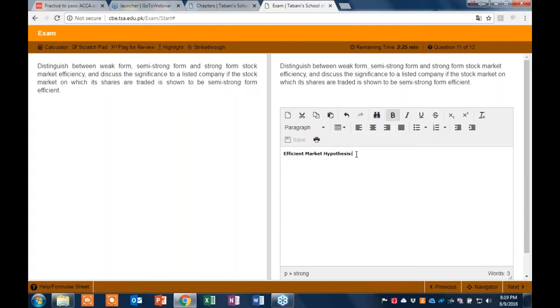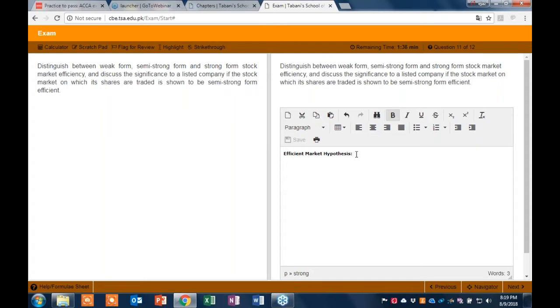So from the business valuation perspective, in the exam question, you may come up with a question in which a company may be taking over another company, and by the takeover of the other company, the company may be expecting to increase its earnings. You may be asked to value the company based on the earnings, but at the same time, you may be asked to assume that the stock market is a semi-strong market and those earnings that the company expects are not made public.